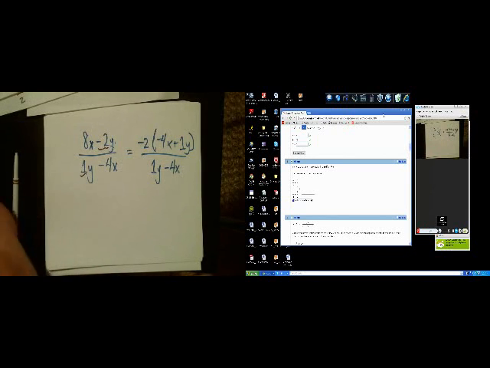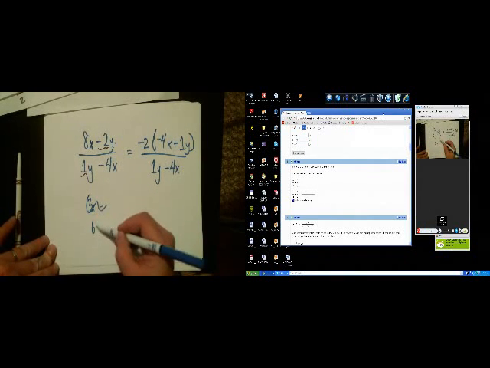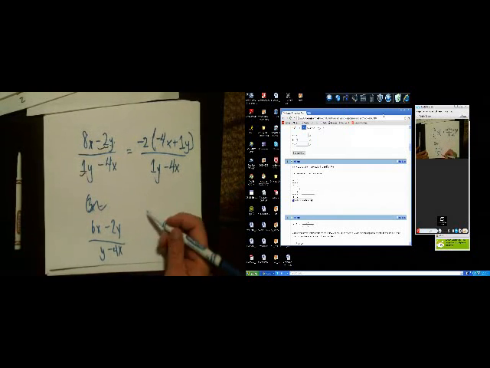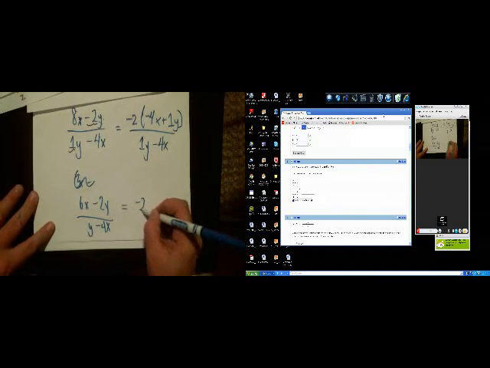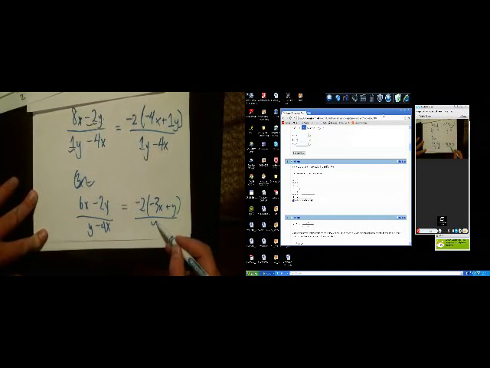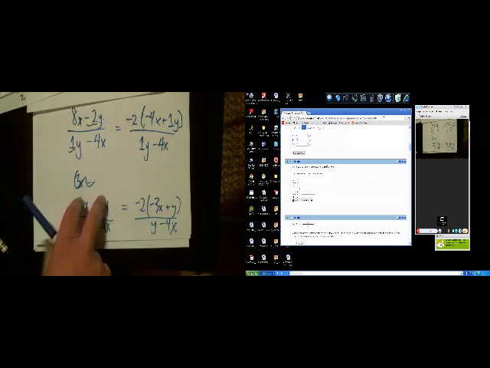For example, if this was 6x minus 2y over y minus 4x, the same method would get you minus 2 times minus 3x plus y over y minus 4x. Anyway, the point is here, you just can't simplify it. There's nothing.